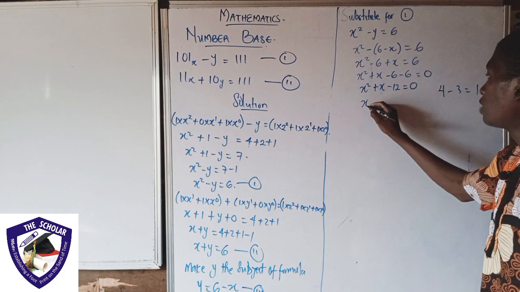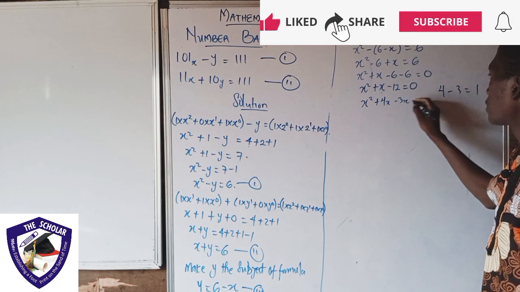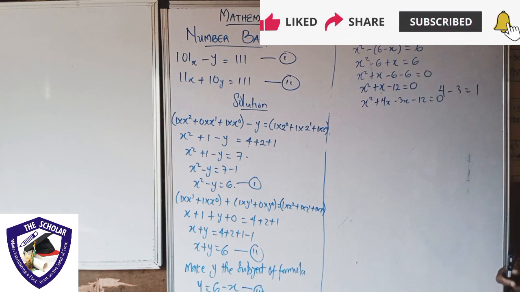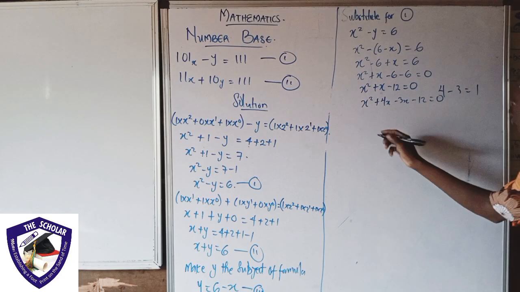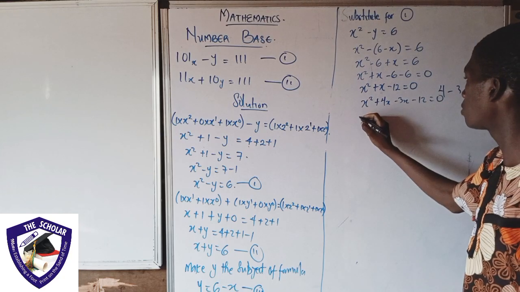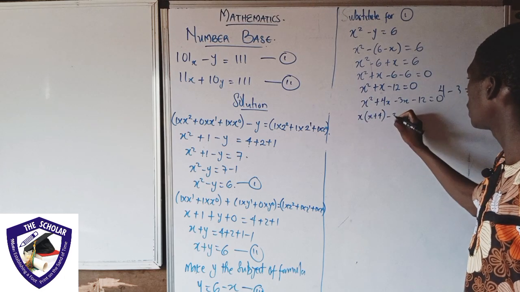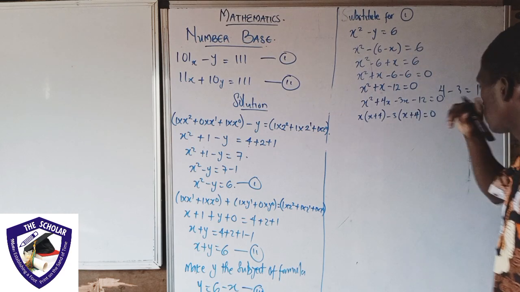So I substitute the values. I have x squared plus 4x minus 3x minus 12, so that this equation can be reversible, because 4x minus 3x will still give me plus x. So I fish out the common factors here. I have x plus 4 and minus 3 times x plus 4 equals 0.